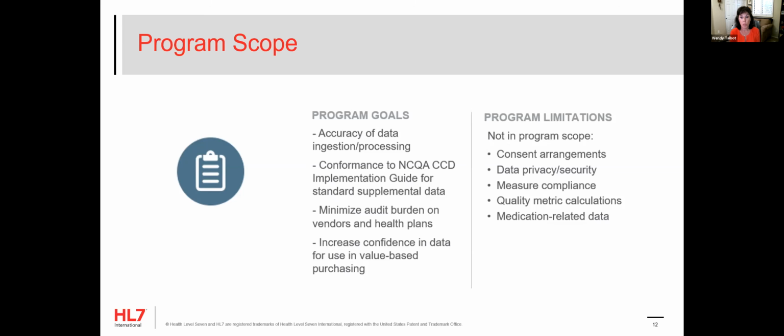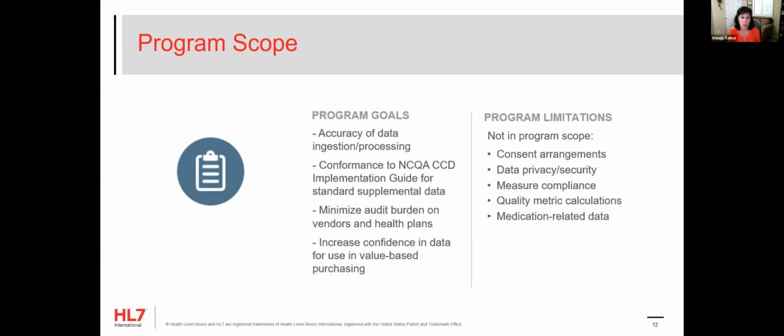That's between them to ensure that that's all being met. We're also not looking at these data as measure compliant or from the quality metrics reporting perspective. We want to validate these data in a more agnostic way so that when they flow, they can be considered for any type of data reporting.